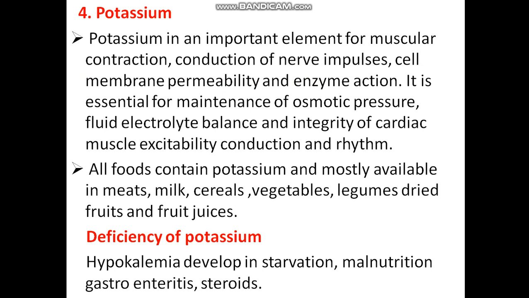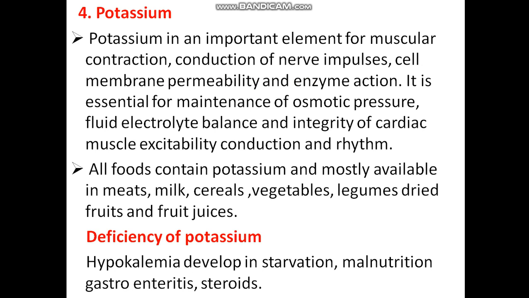It is essential for the maintenance of osmotic pressure, fluid electrolyte balance, and integrity of cardiac muscle excitability, conduction, and rhythm. All foods contain potassium, mostly available in meats, milk, cereals, vegetables, legumes, dried fruits, and fruit juices.